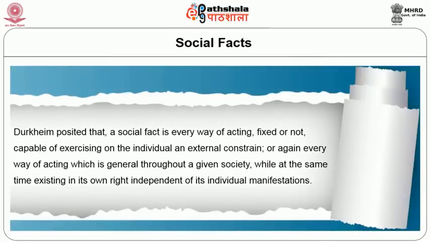Moreover, Durkheim posited that a social fact is every way of acting, fixed or not, capable of exercising on the individual an external constraint, or again, every way of acting which is general throughout a given society, while at the same time existing in its own right, independent of its individual manifestations.